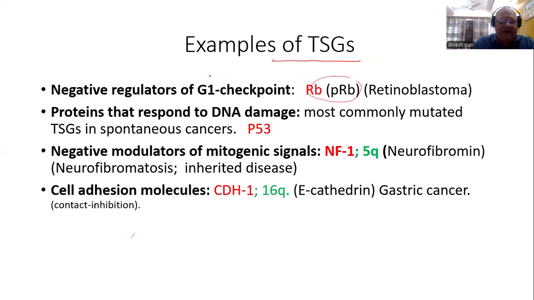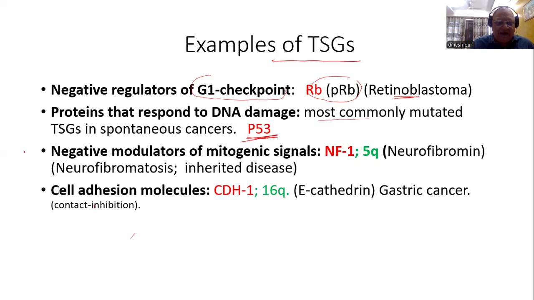It is a negative regulator of the G1 checkpoint. दूसरा, proteins that respond to DNA damage, of course, P53. तो इसकी inherited होने से होता है retinoblastoma, it's an eye tumor. और दूसरा, P53 का हमने last time भी देखा था, most commonly mutated TSG in spontaneous cancer. A vast variety of cancers occur because of mutation in P53.